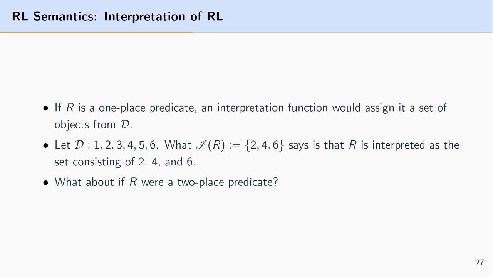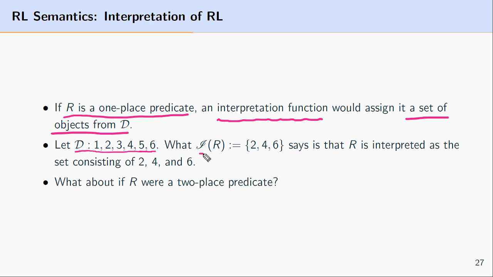So let's look first at the scenario where R is a one-place predicate. What an interpretation function would do here is assign it a set of objects from the domain. So let's let the domain consist of this set of numbers 1, 2, 3, 4, 5, and 6.